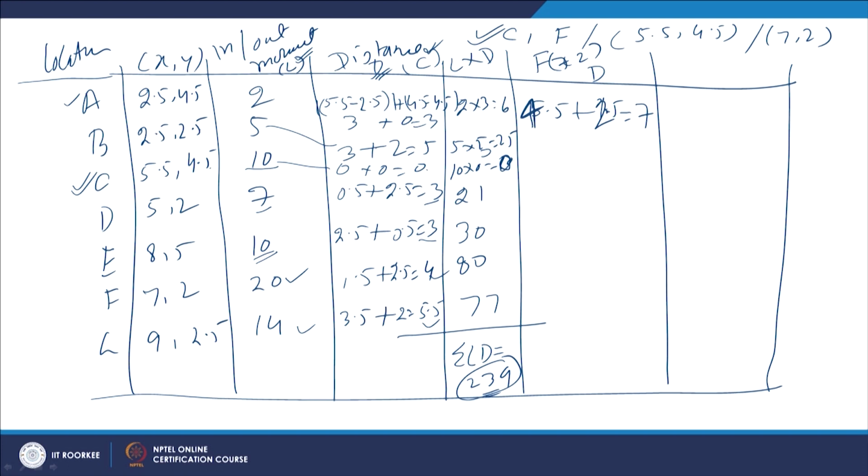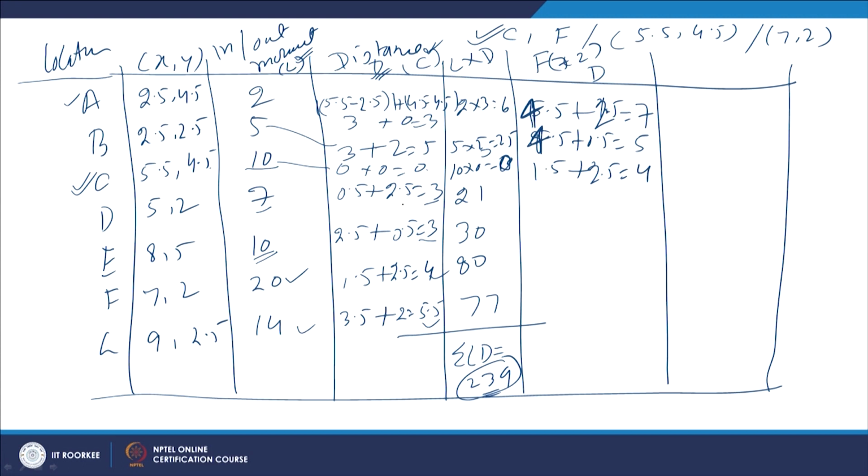Now, for location B, 2.5 minus 7, that is 4.5, and 2.5 minus 2, that is 0.5. So, it is 5. Then for C location, 5.5 minus 7, that is 1.5, plus 4.5 minus 2, 2.5. So, that is how it is 4.